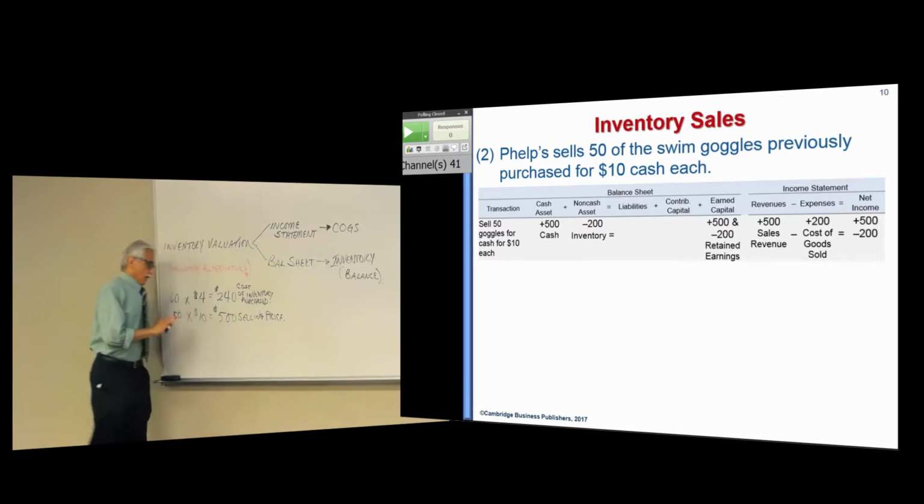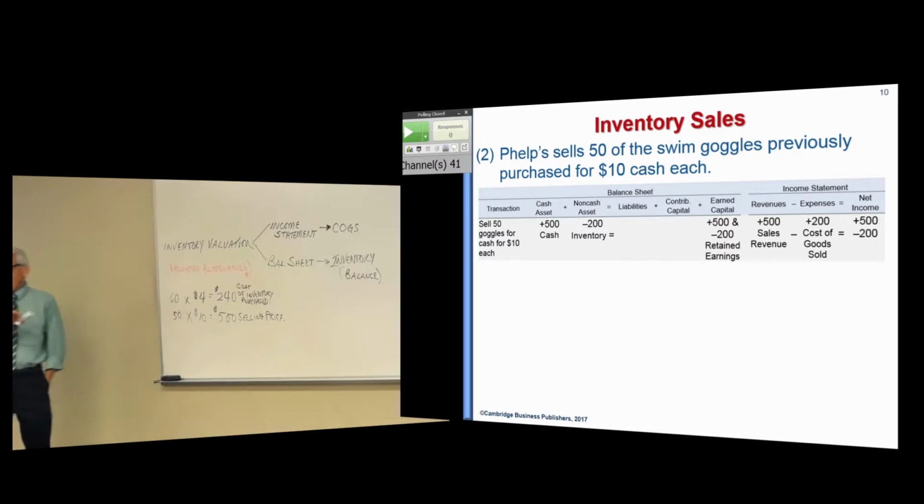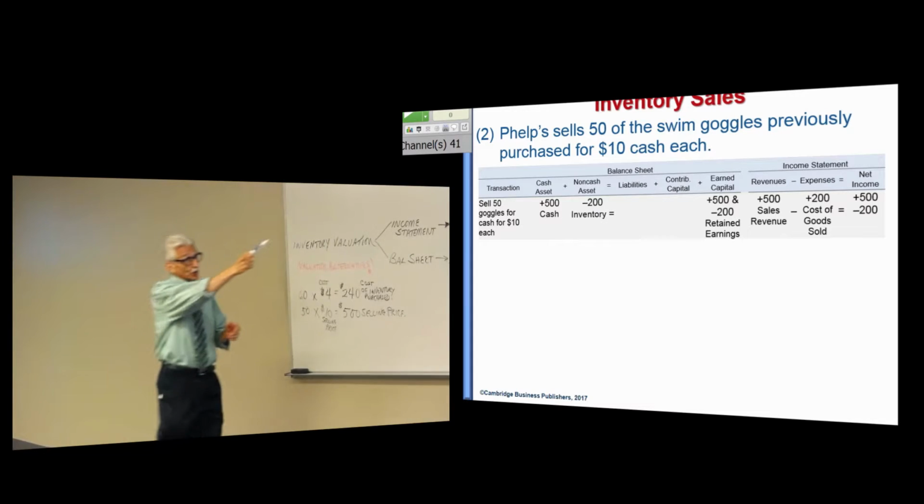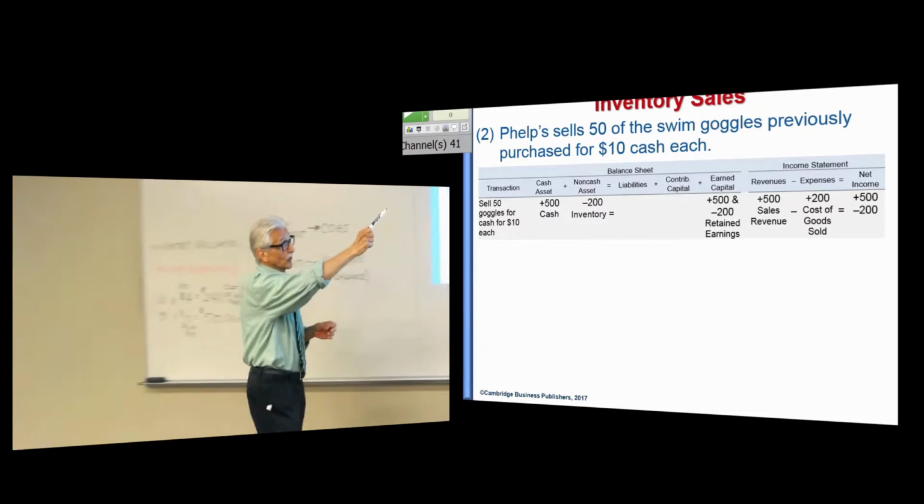Now, when you first look at this chapter, what you have to make sure you do is differentiate clearly between the cost and the selling price. So selling price is $500, so you would debit cash and you would credit sales revenue.